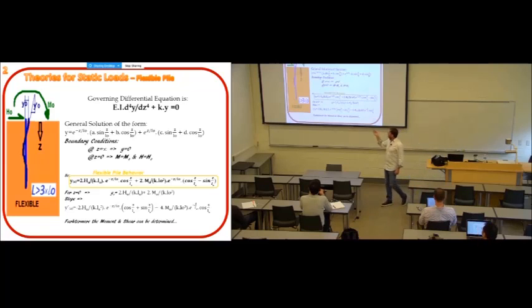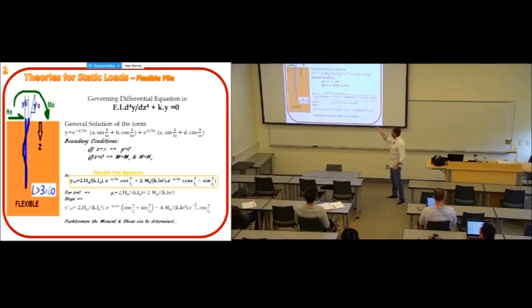If you assume a solution of a general form and you put boundary conditions, we reach the flexible pile behavior, or the flexible pile theory, to predict the lateral deformation with the depth z, having moment at the top M0 and H0.